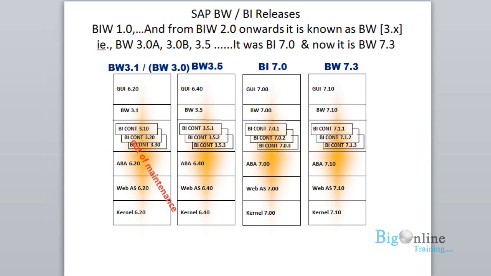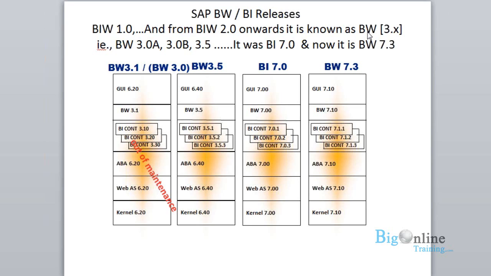After the second version was launched, it was still the same name, but when the third series, 3.0A, 3.0B, 3.5, was launched, they named it BW, Business Warehouse, because at that time they had a license naming issue with BIW. Some other software was also using the Business Intelligence Warehouse name, so that's why they changed to BW.